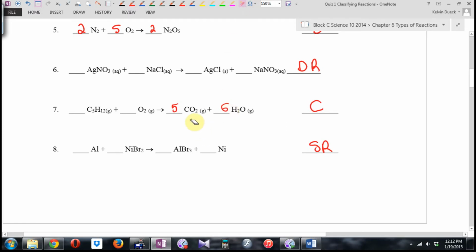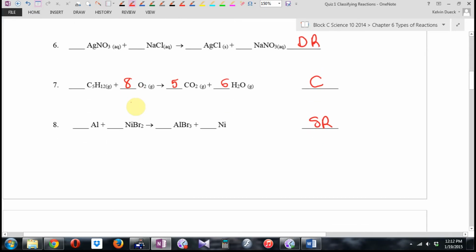Oxygens, on the right I have, how many oxygens here? 10 and 6. How many oxygens do I have on the right? 16. Is that right? Is it 1, 8, 5, 6 or blank, 8, 5, 6? Those ones I always find tough.